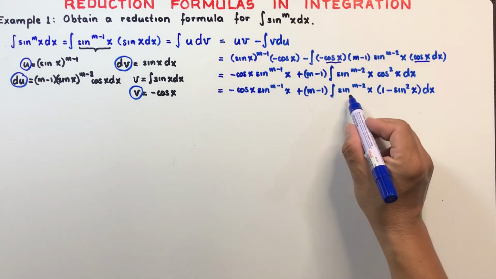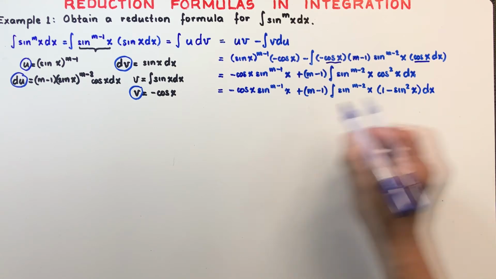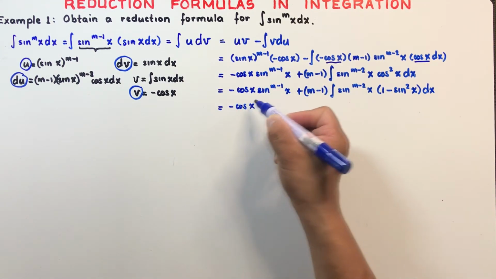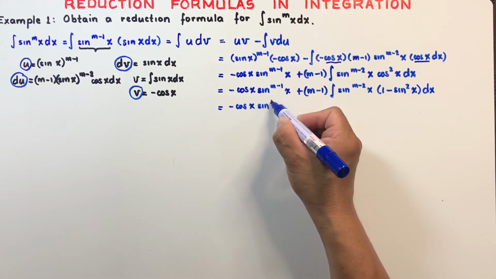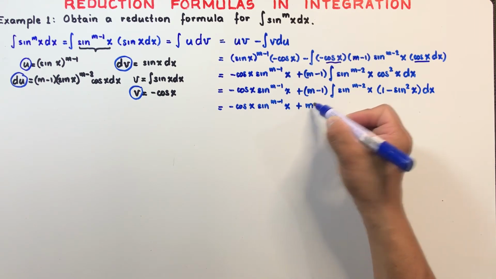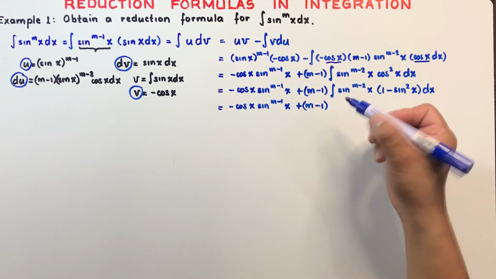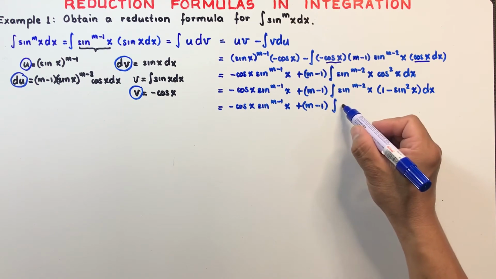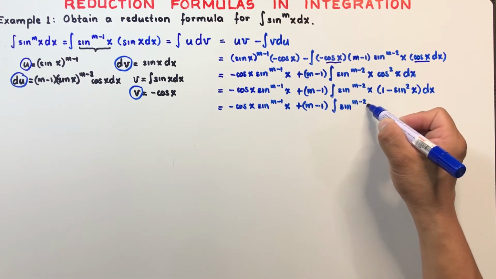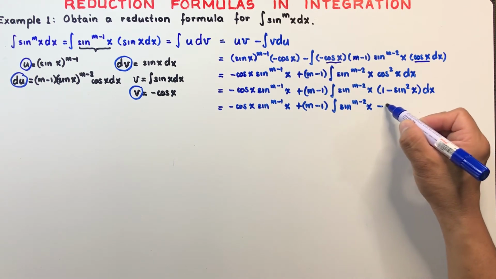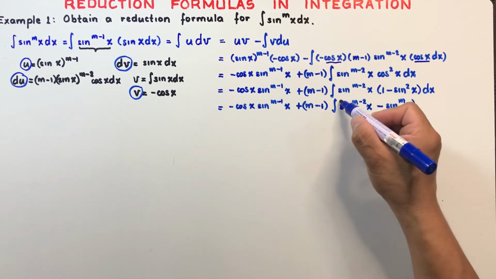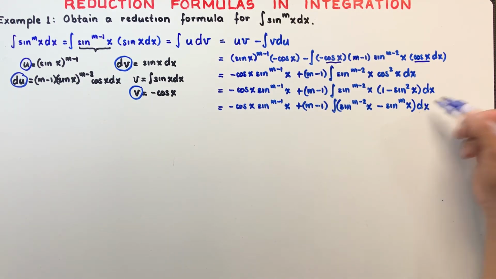So distributing this to this binomial here, we have negative cosine x times sine x to the power m minus 1 plus m minus 1 times the integral of sine x to the power m minus 2 minus sine x to the power m quantity dx.